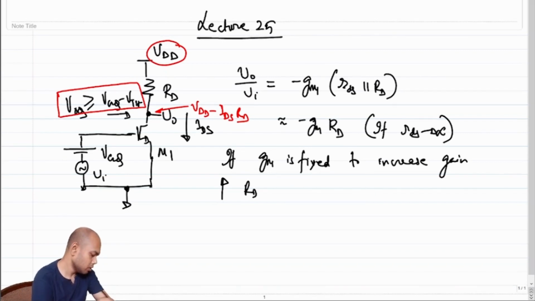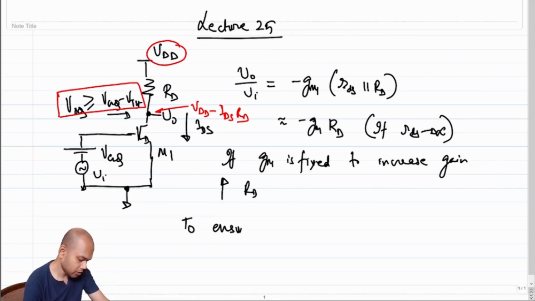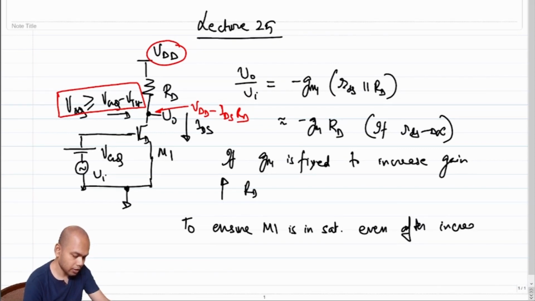So what is the conclusion? The conclusion is that to ensure M1 is in saturation even after increasing RD, we need to increase VDD.